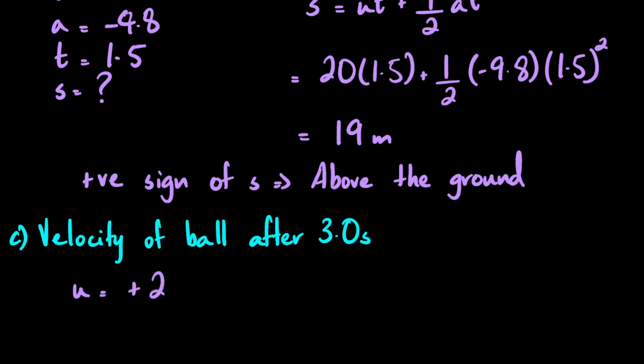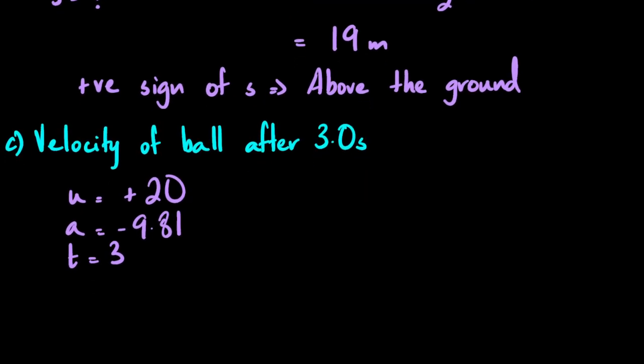U is still positive 20, a is still negative 9.81. Only now the time is t equals 3, and we want to find the final velocity, which is v. So we use v equals u plus at again. The answer that we get this time is negative 9.43, so negative 9.4, correct to 2 SF.